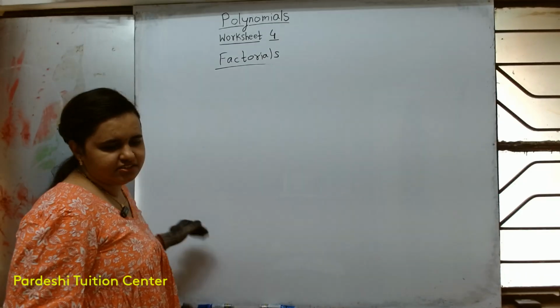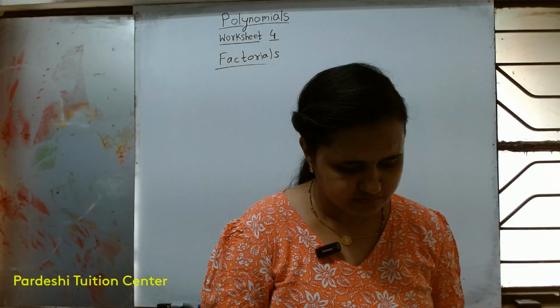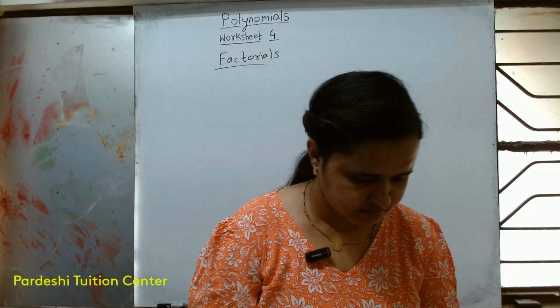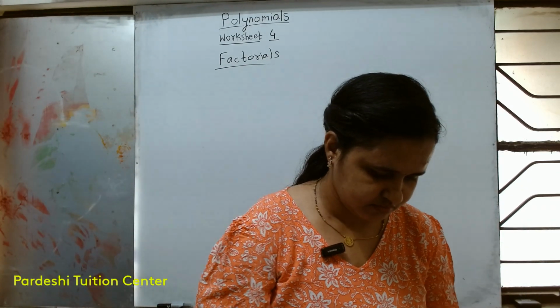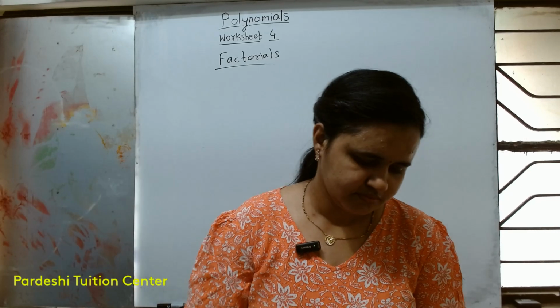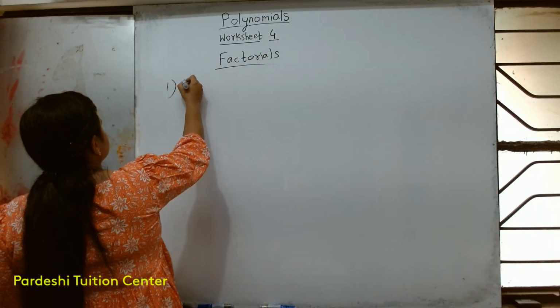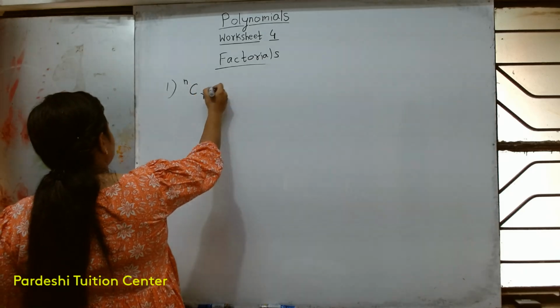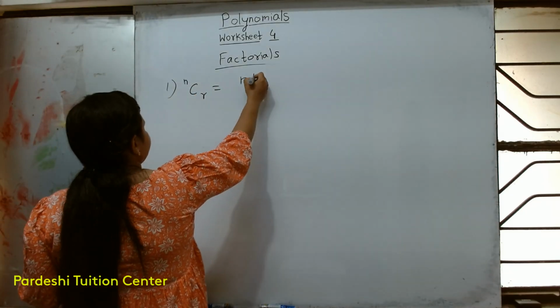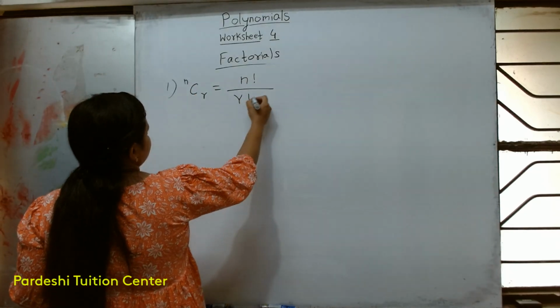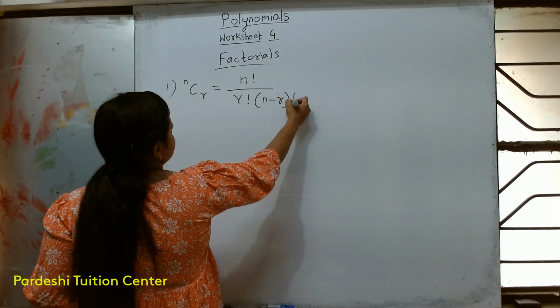Now, we will study some formulas. Our first formula is nCr equals n factorial upon r factorial into (n minus r) factorial.